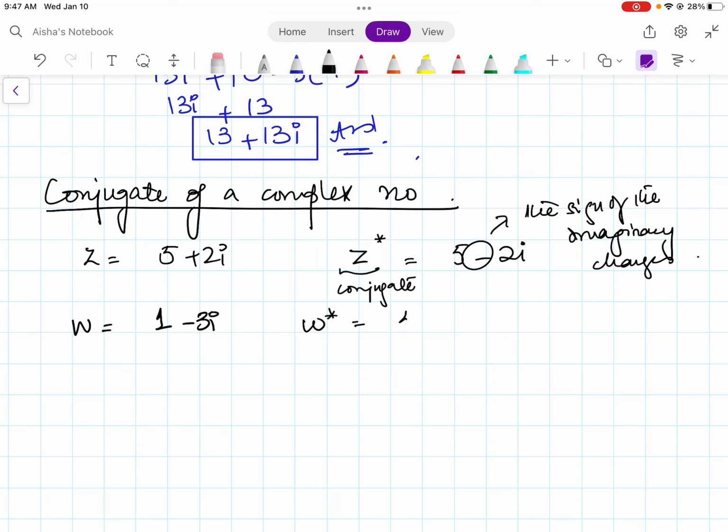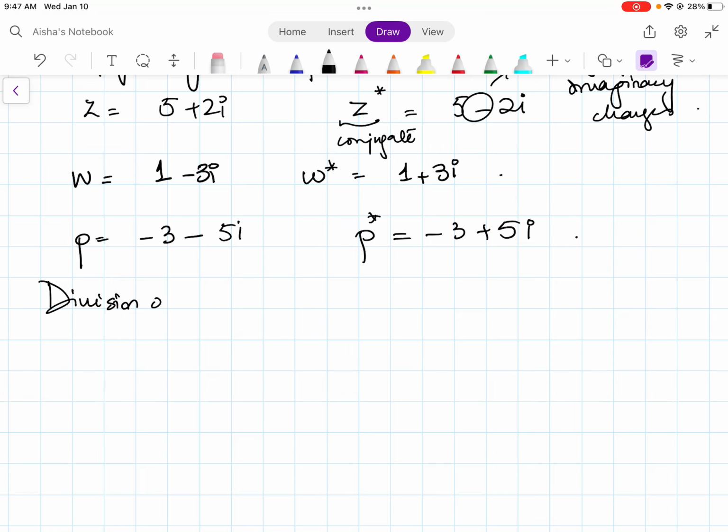W star will become 1 plus 3 iota. If P is minus 3 minus 5 iota, so real will remain the same, only the imaginary sign will change. Okay.